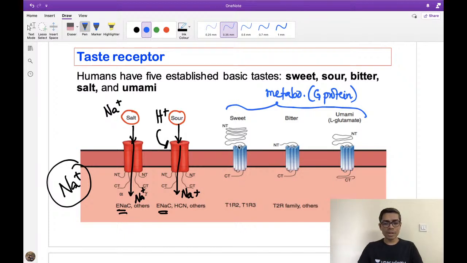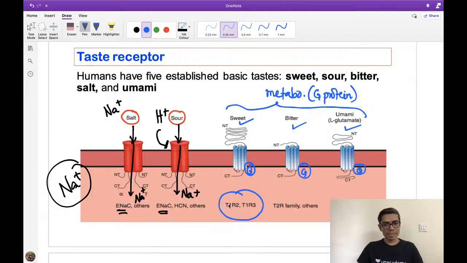That's why you are not getting any pore inside this receptor, because this is not an ionotropic receptor, but all of these receptors are connected with a G protein, through which a second messenger will be produced and then the receptor stimulation will occur, right? So what are the different subvarieties of this G protein family that give rise to sweet, bitter and umami sensation? That is the T1 and T2 receptor family.